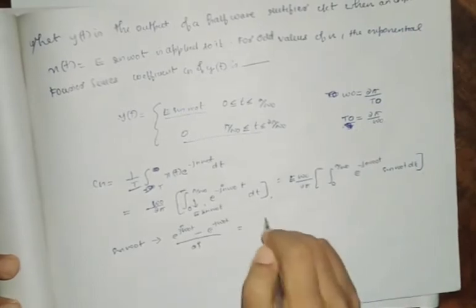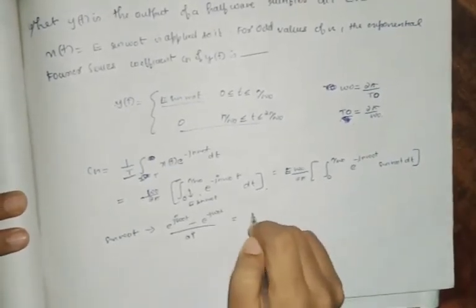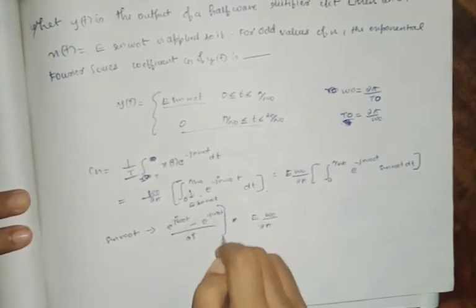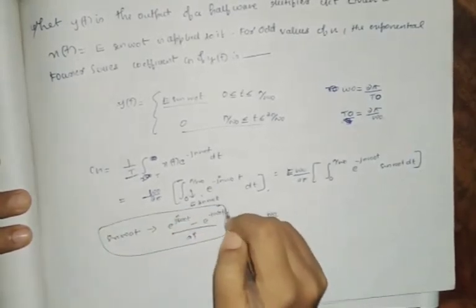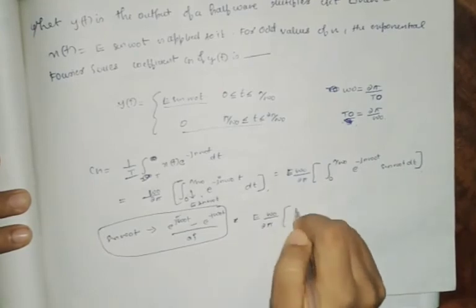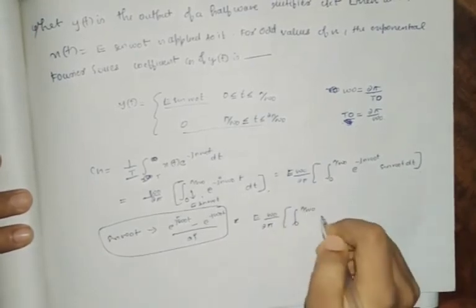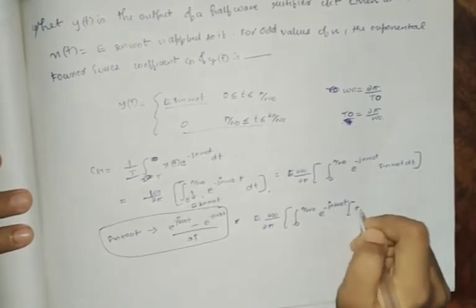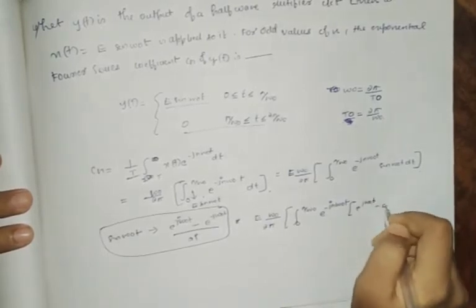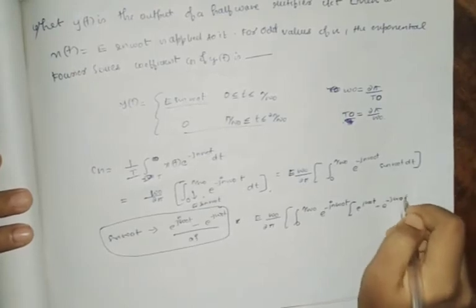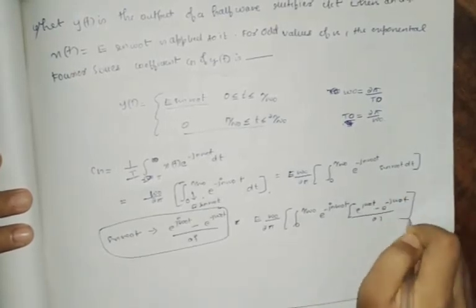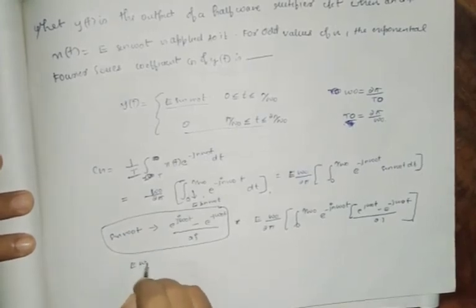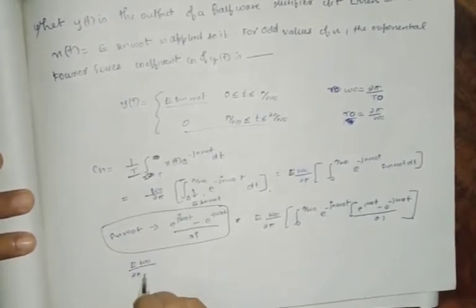We will get E omega 0 divided by 2 pi, integral 0 to pi by omega 0, e raised to minus j n omega 0 t into e raised to j omega 0 t minus e raised to minus j omega 0 t divided by 2j. Taking 2j outside, we'll get E omega 0 divided by 2 pi into 2j.